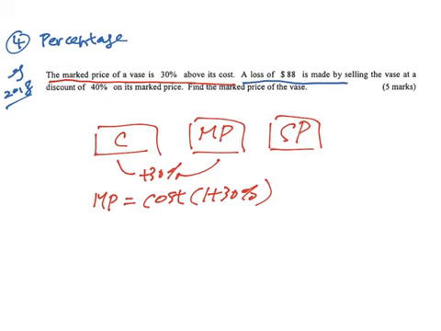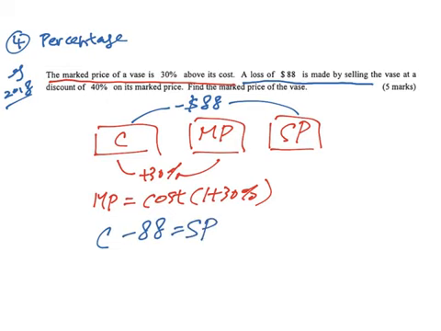Next, we look at the first part of the second sentence: lose $88 on the selling. That means we'll compare the cost and the selling price. In this transaction, it loses $88. That means cost minus $88 is equal to the selling price.